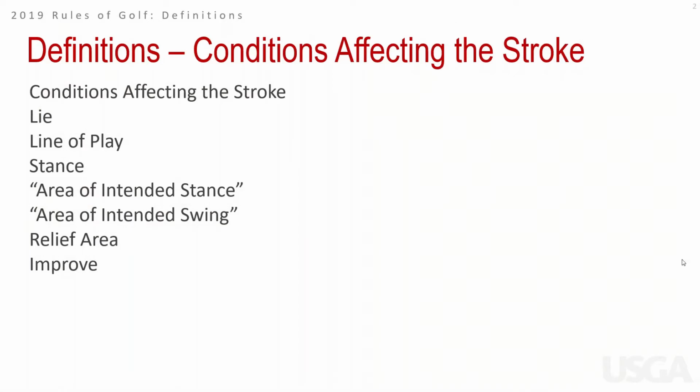So some of the definitions that we're going to cover that are directly related to conditions affecting the stroke are lie, line of play, stance, area of intended stance, area of intended swing, relief area, and improve.